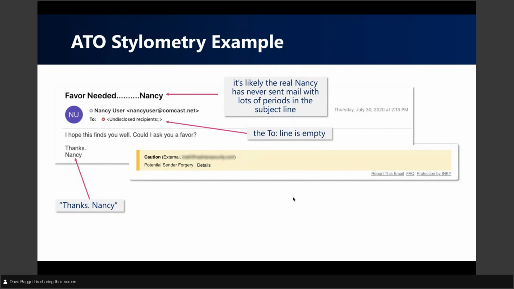So again, this gives us a formal mathematical way to talk about things like, well, does it seem like something that Nancy would have sent? And again, we're talking punctuation features, word choice features, even things like, well, does Nancy use British spelling or American spelling? Those are all of these things you can imagine that are potentially indicative.